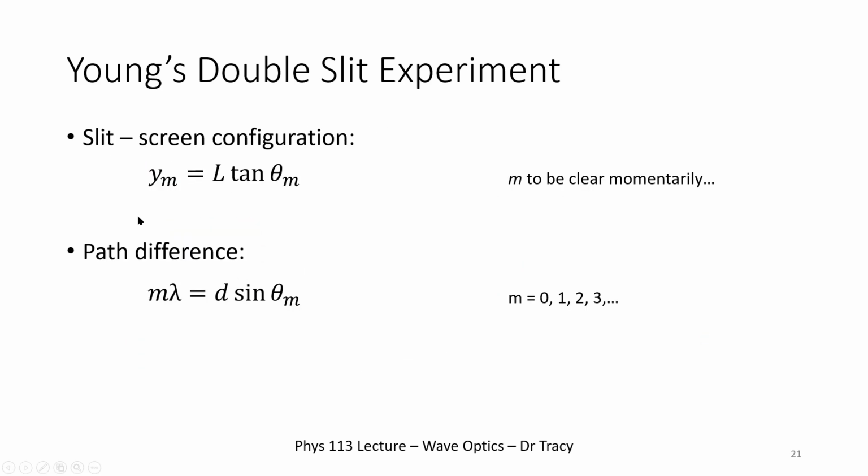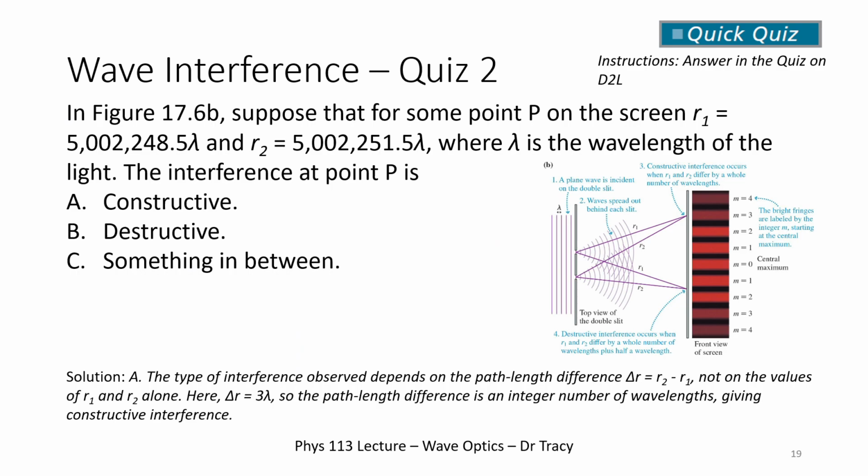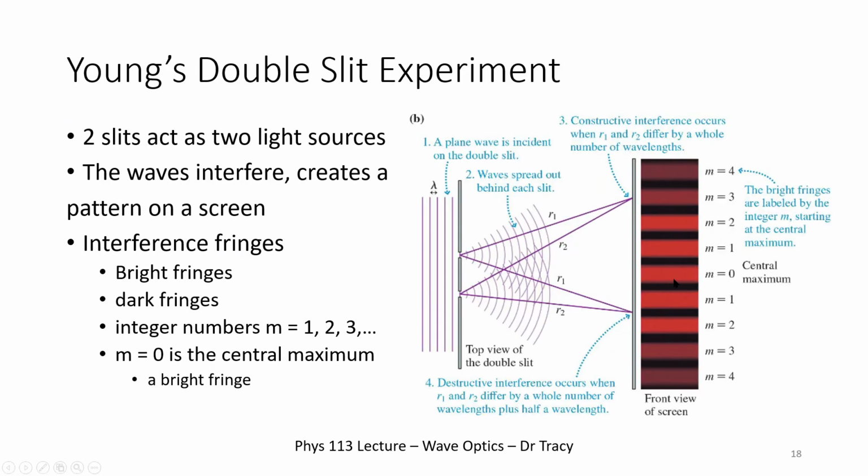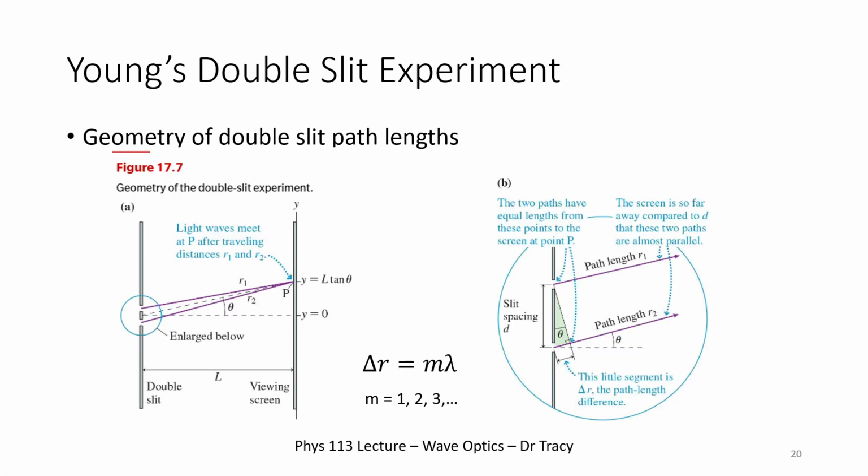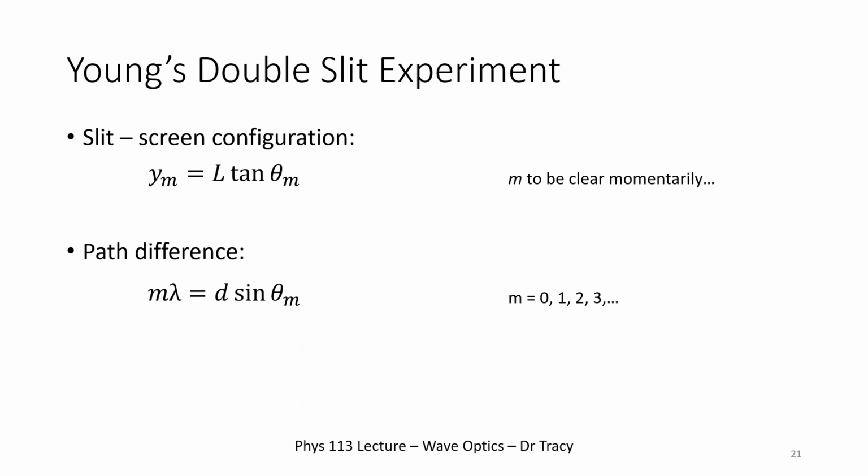That gives you y sub m equals L tan theta m, where m, as this page shows, is the mth fringe. If we are looking at the third order fringe, as you can see here, that would be the m equals 3 or y sub 3 fringe, the distance being from, again, the central maximum.